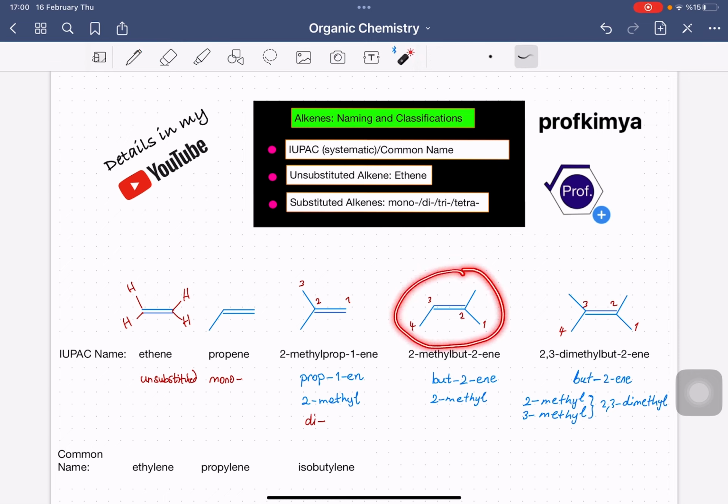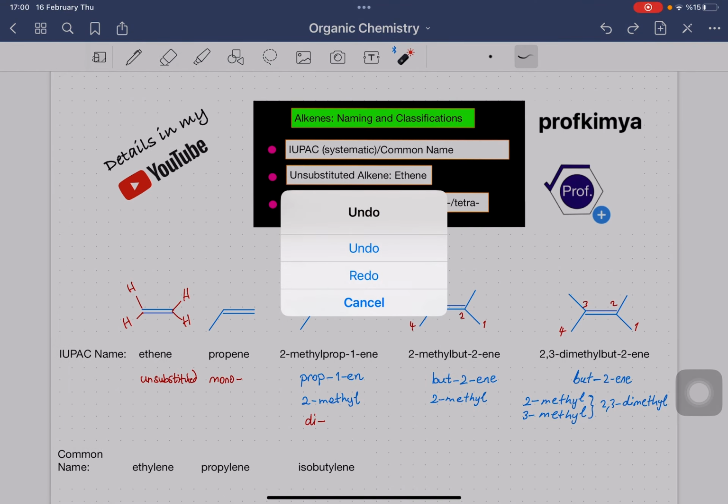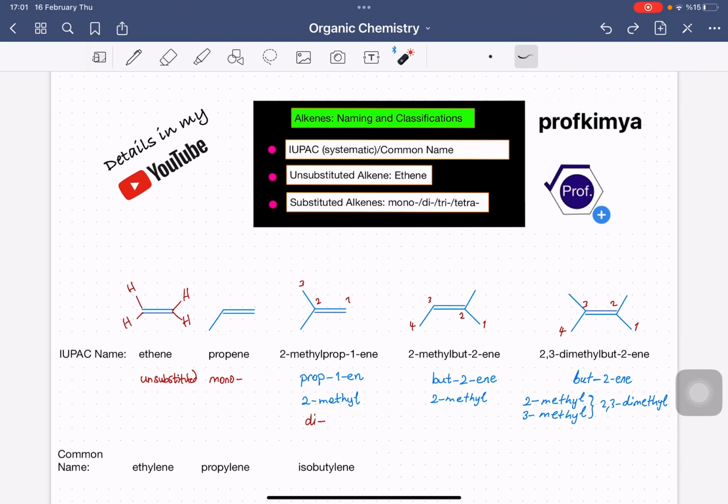This molecule, as you can see, has three substituents. All of these hydrogens are replaced by methyl groups. We call this 3-substituted alkene.